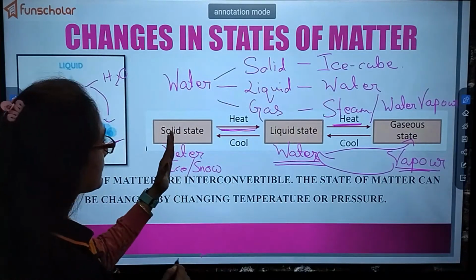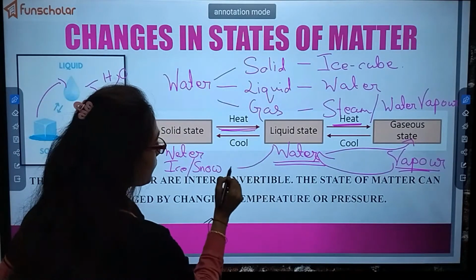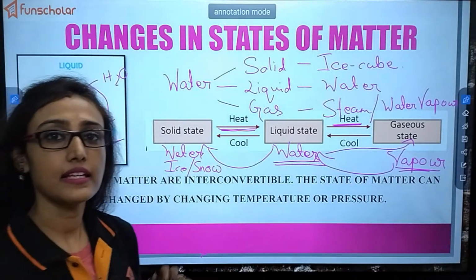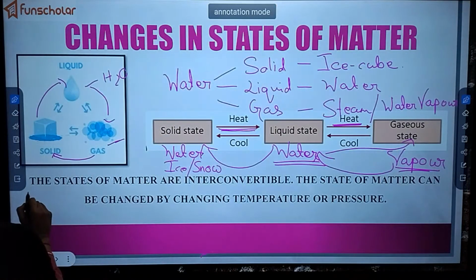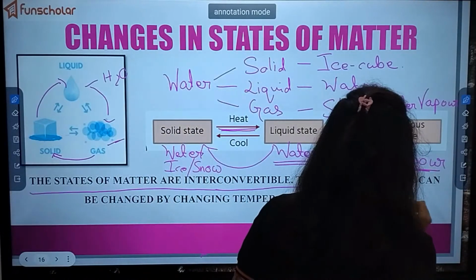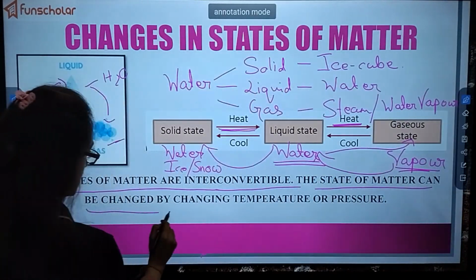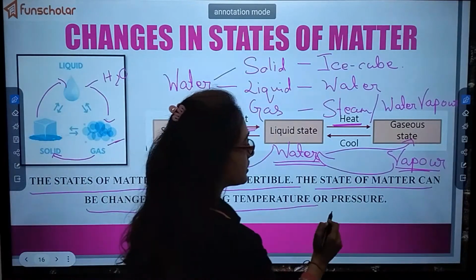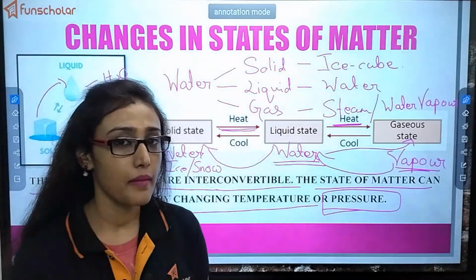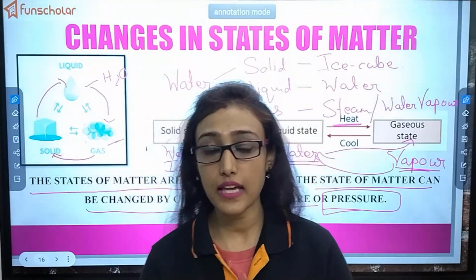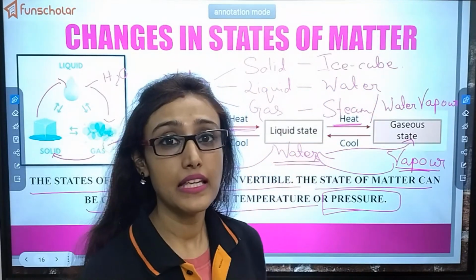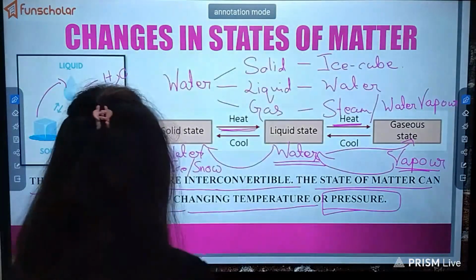Further, if you cool down the water, it will again form solid state, that is ice. So, the states of matter are interconvertible. The state of matter can be changed by changing their temperature or pressure. I took the example of water because it is the best example in which the three states can be easily seen.